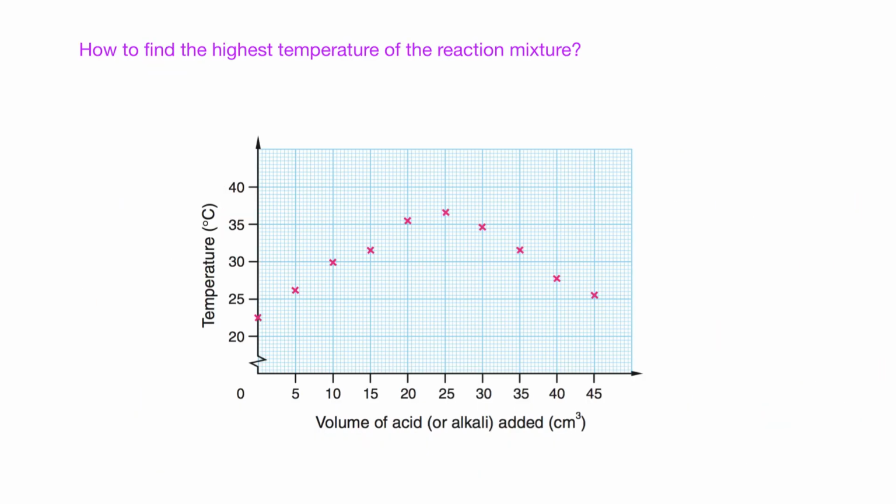So for the experiments, if we plot the temperature rise during the experiments, we'll see something like this. At the beginning it will be around 20 something, that will be the room temperature.